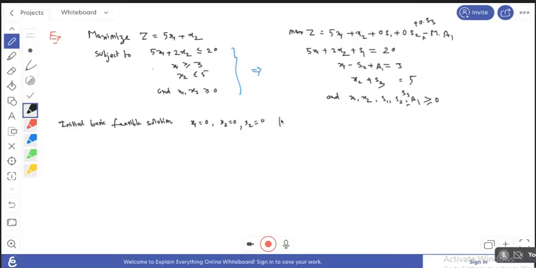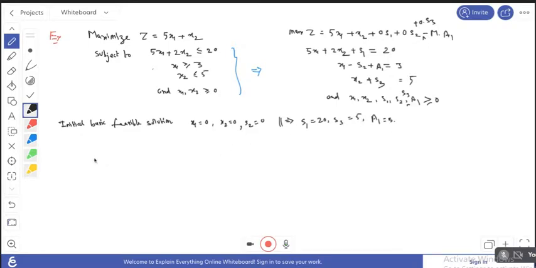So the initial solution is s1 equals 20, s3 equals 5, and the artificial variable equals 3. These three give the basic feasible solution.